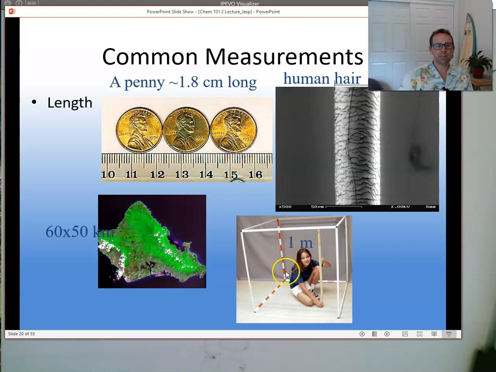This girl is sitting in a box which is 1 meter tall. This hair is 50 micrometers. And then on the hair, you see a nanowire that was made in a chemistry lab that's tied in a knot on that hair. So they can make really small nanowires.